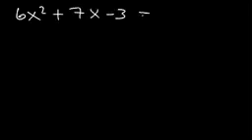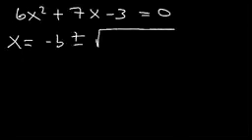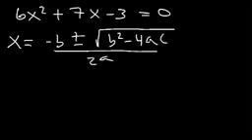Now let's use the quadratic formula to get the same answer. So x is equal to negative b plus or minus the square root of b squared minus 4ac, over 2a.